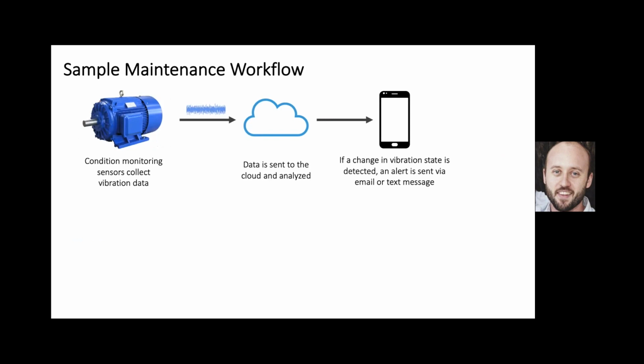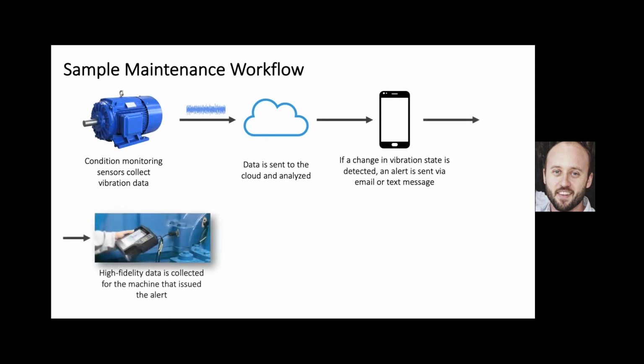And then oftentimes we can do a deeper dive at this point. So maybe we have several assets that have sent alerts. Maybe we have a floor with 100 assets and we have alerts on 3 of them.